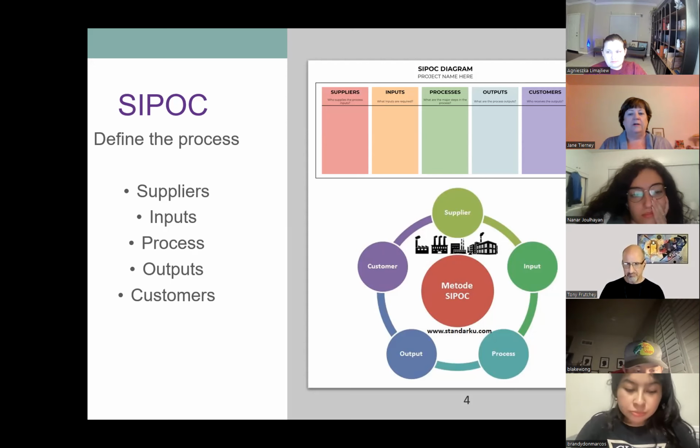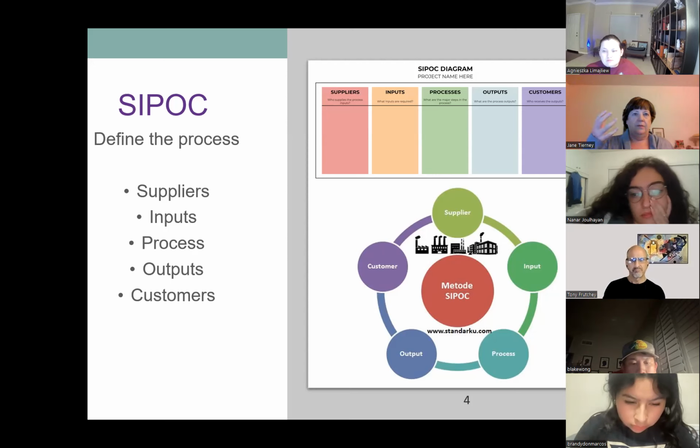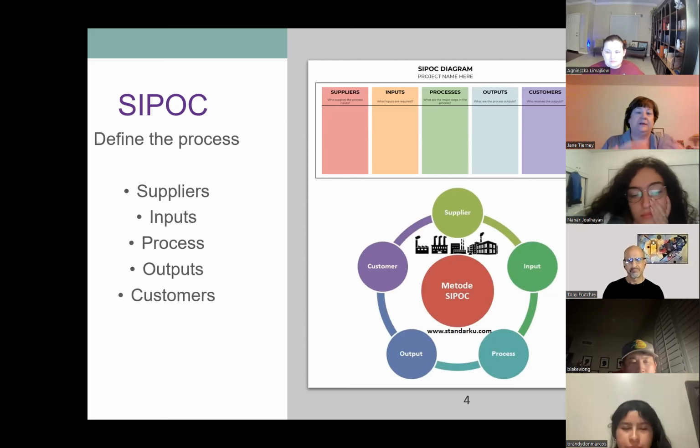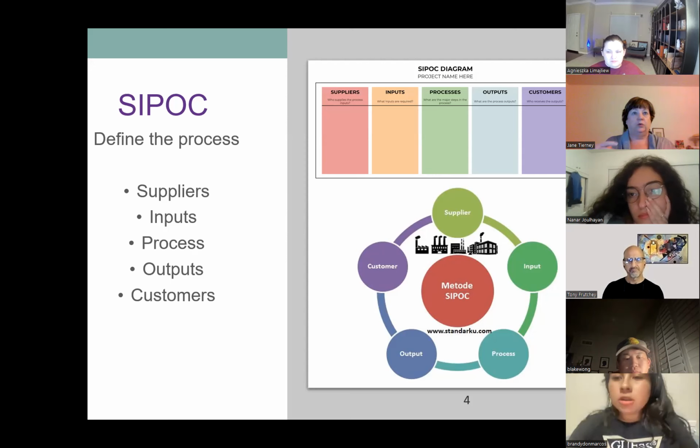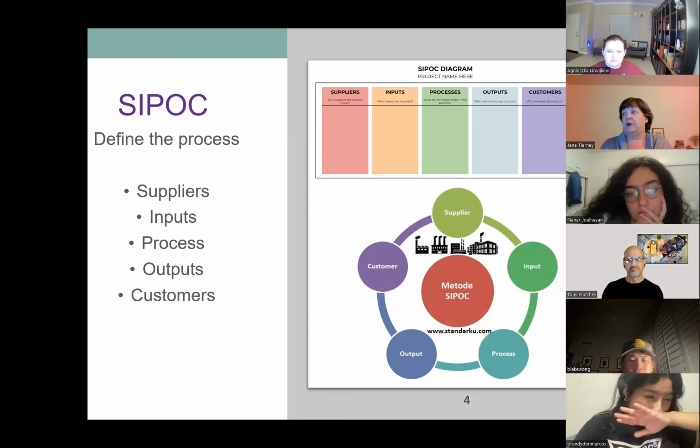And then finally, who are the customers? Who are the people that are getting something out of this? Sometimes it's the actual customer that's paying the bill. Sometimes the customer is the next station. Sometimes the customer is the quality department, or the finance department, that needs a result from this process and is going to use that, so look at it from their perspective.